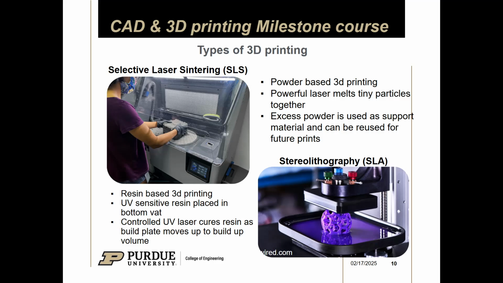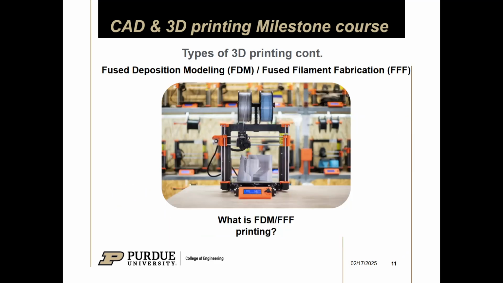But the type of 3D printing that is probably most familiar to you is FDM or FFF 3D printing. So we're mainly going to be focusing on that today because that's what your finals are going to be made of.